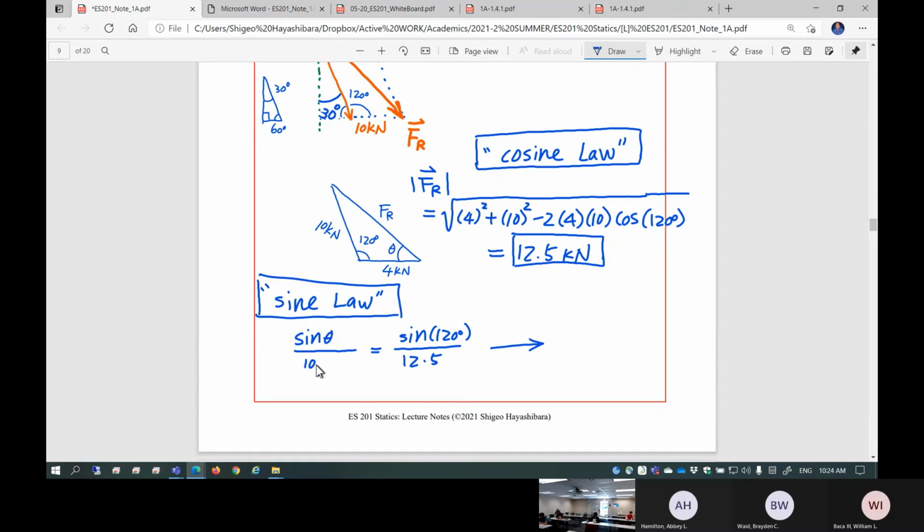I actually flip-flopped the ratio. We can do the same thing. It's okay. The sine law says 10 over sine theta is equal to 12.5 over sine 120, but you can flip-flop. Sine theta over 10 is equal to, anyways, ratio is a ratio. So this actually indicates what is the theta. This is actually easier to compute. That's why, right? I flip-flopped. So sine 120 divided by 12.5 multiplied by 10 and take inverse sine. Go ahead and do that.